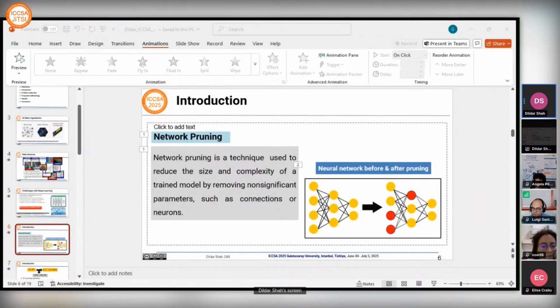But to get from f to f tilde, we apply some transformation T, which is actually the element-wise multiplication of the binary mask M and the weight parameters matrix W. And all these terms are defined here, where T is a pruning operation, f tilde is the weight-transformed version of f, M is a binary mask, and W is a weight matrix.